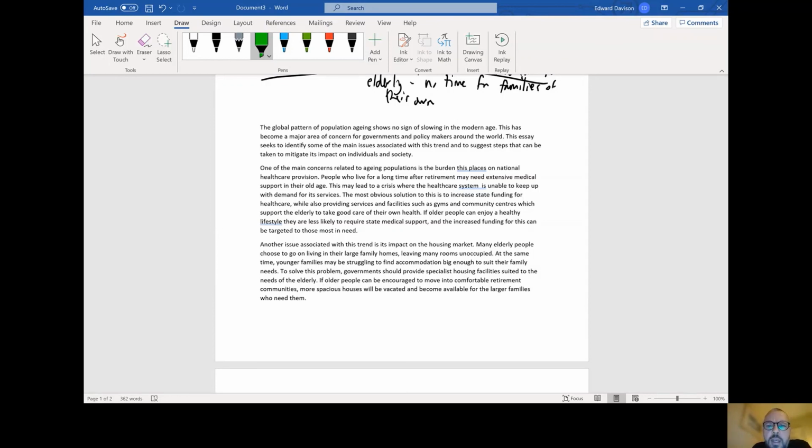Well, we can say a major area of concern. That's quite a nice collocation. Policymakers is a very good collocation. To mitigate the impact of a problem. So it means to lessen the impact of a problem. It may not be able to make the problem go away, but it can reduce the impact. It can mitigate the impact. Burden, particularly with place. Place a burden. Retirement. Keep up with demand. State funding, that's a good collocation.